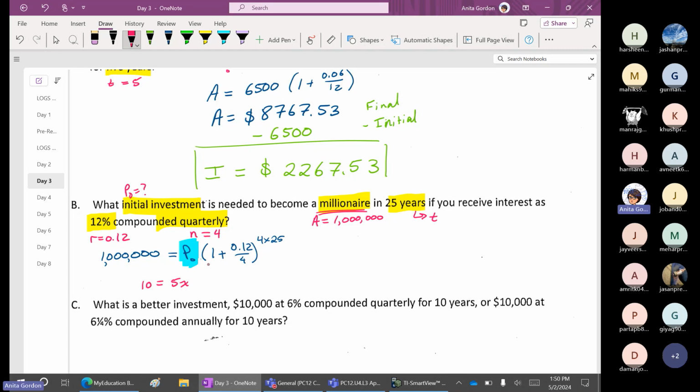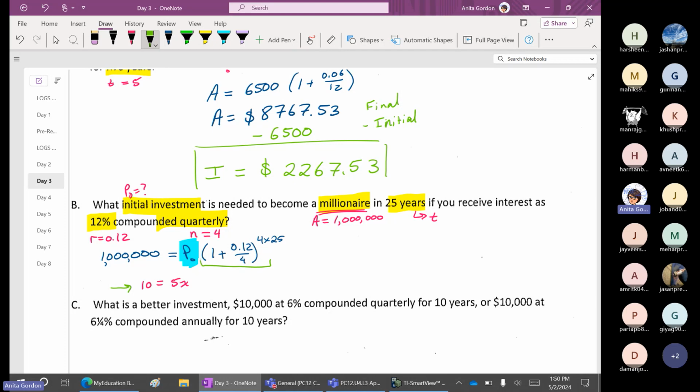So what we want to do is simplify this into one number first to make it look like a question like this. Once we simplify the stuff in the brackets, all we do is take our final investment, divide it by the interest rate growth, and that's going to give us our initial investment, okay?